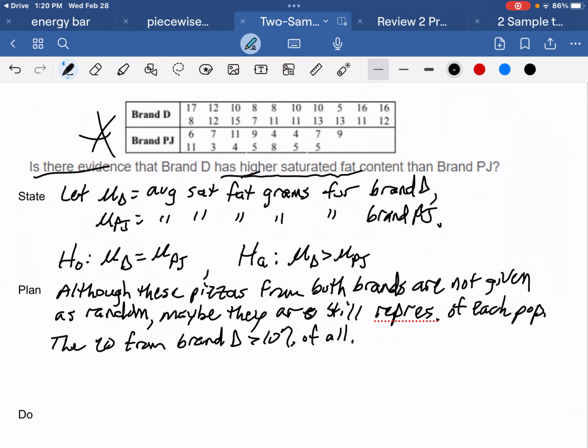And the, what is that? 2, 4, 6, 8, 10, 12, 14, 15. And the 15 from brand PJ is less than 10% of all pizzas ever made there. I'm pretty certain of that if I know what the D and the PJ are standing for.